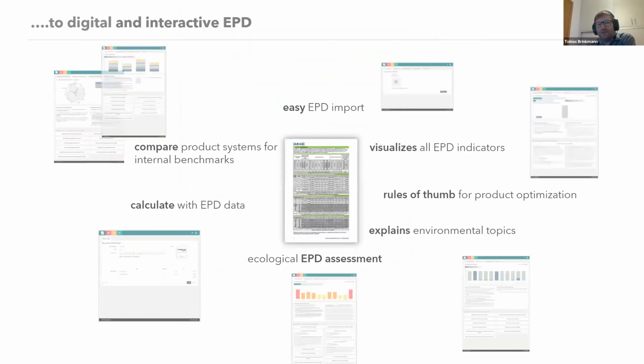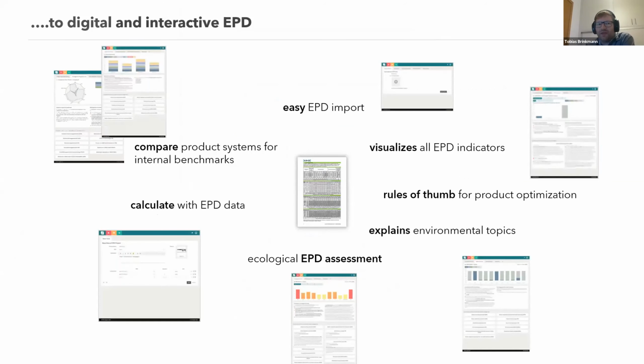And coming now to a digital and interactive EPD tool, we enable the client, the person who's interested in EPD, to import EPDs manually or digitally, and we visualize all the indicators. We included some rules of thumb for product optimization. It's just a rule of thumb, but it shows where to start with changing things.